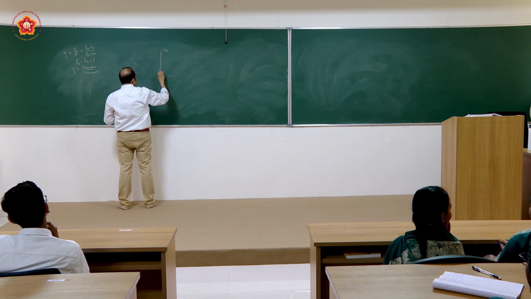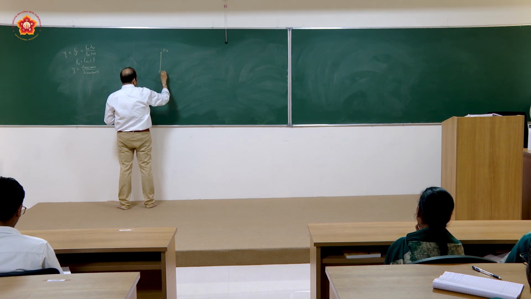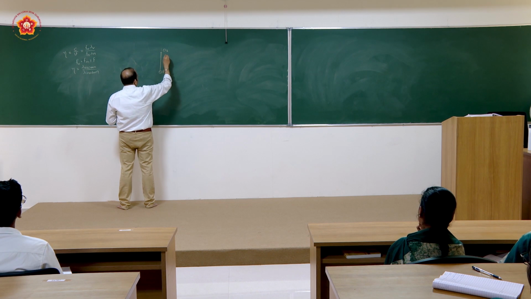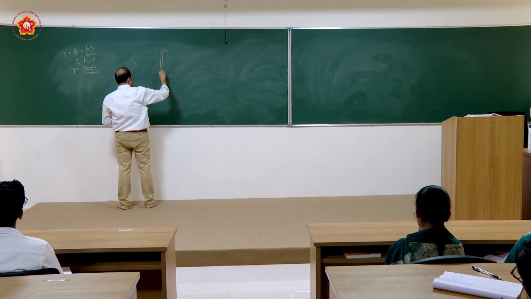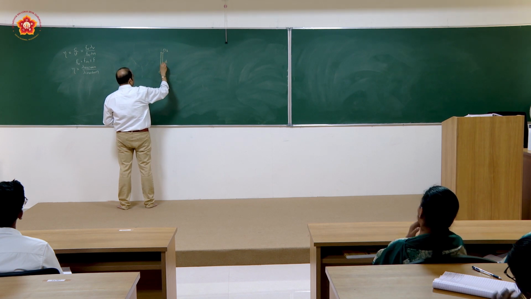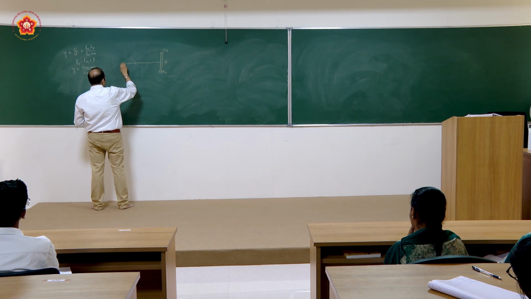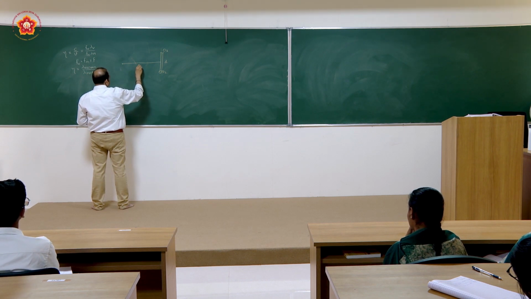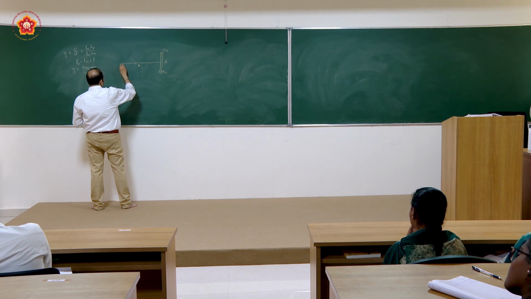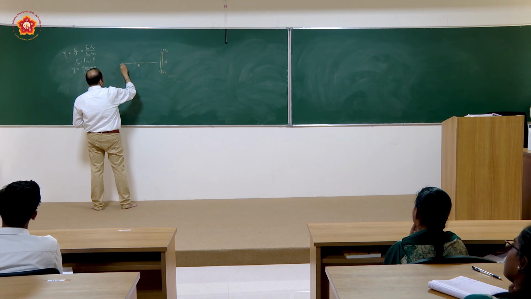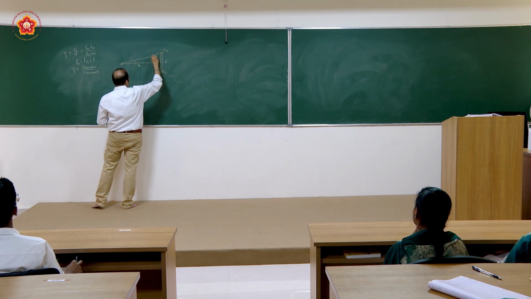This is object 1. This is object 2. The distance between the two objects is taken as equal to d. This is representing the perpendicular distance d. Here you will be keeping your eye and you will be joining these rays here.